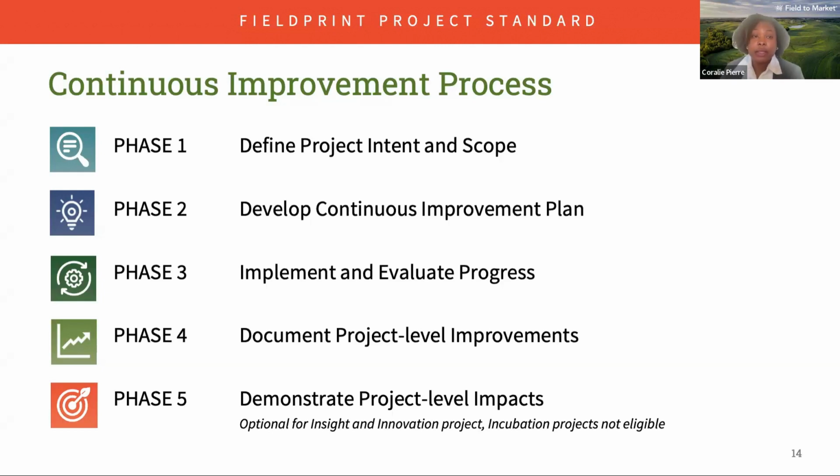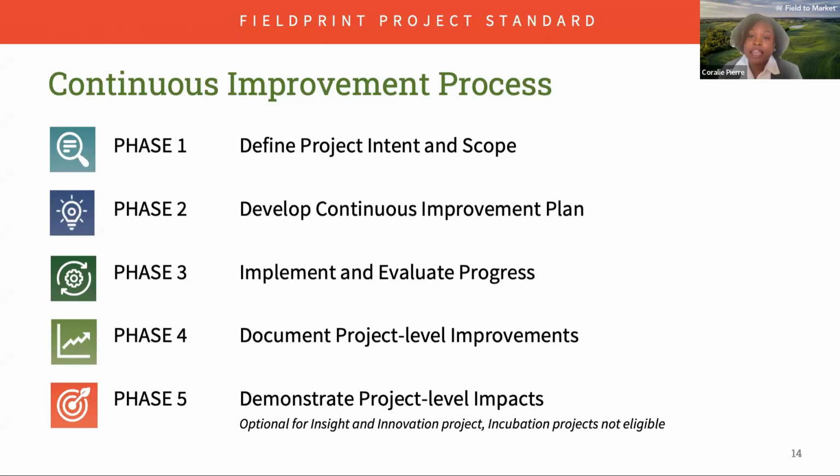In phase 3, the continuous improvement plan is put into action and progress is regularly monitored and evaluated against predefined metrics and targets. Adaptive management principles can also be applied here, enabling adjustments in implementation efforts as necessary.